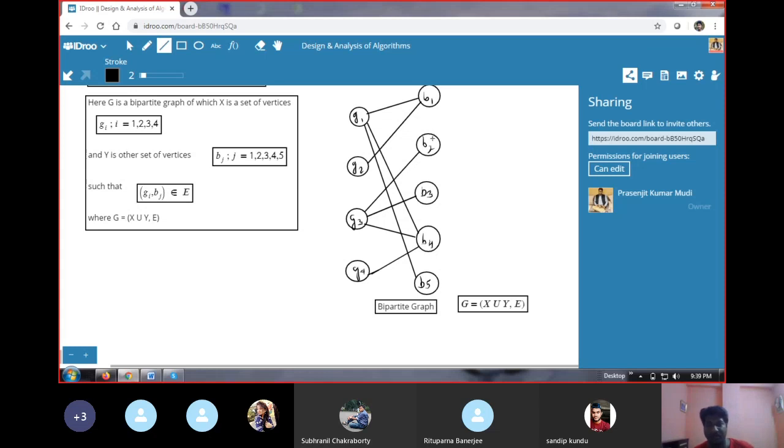Similarly, B_j comma B_l is not possible. Only G_i comma B_j belongs to the edge set. So this is the definition of a bipartite graph. This is how it looks.